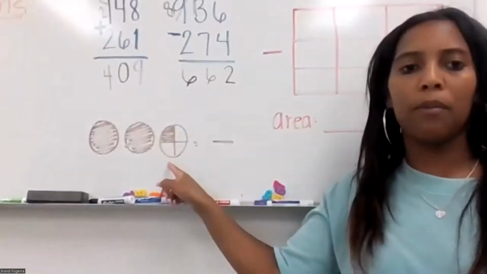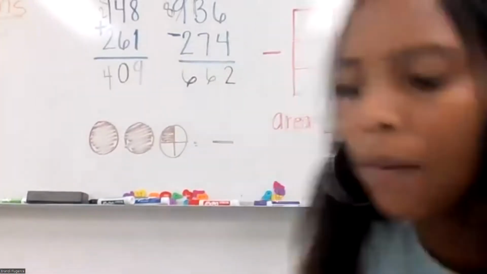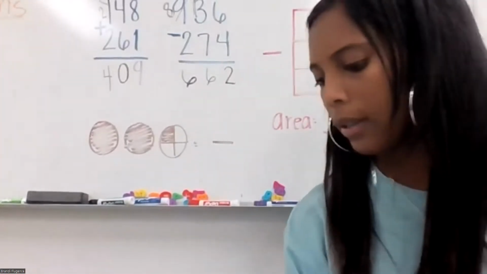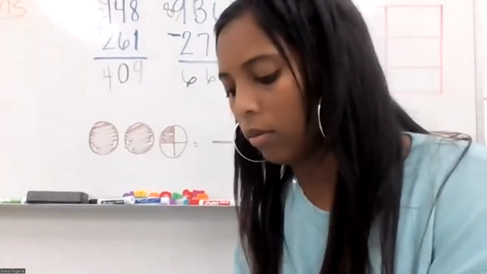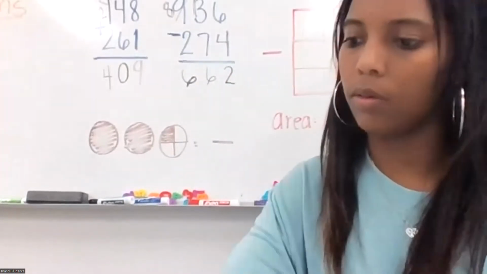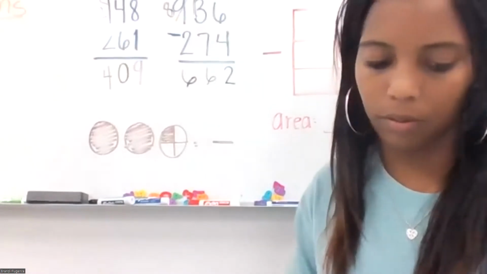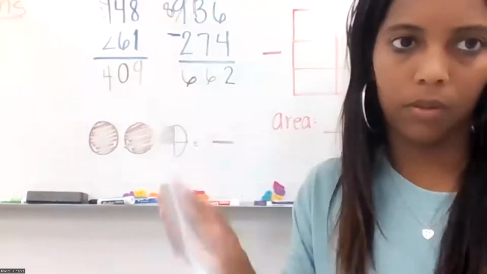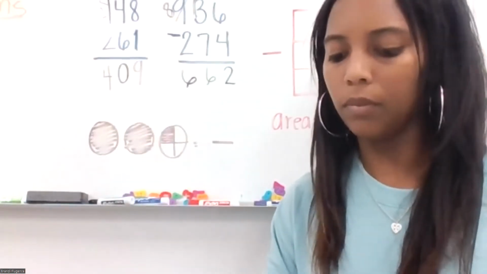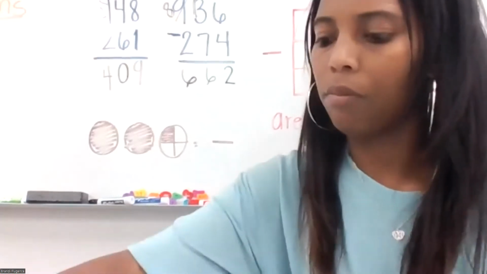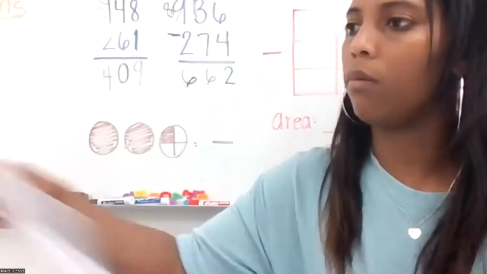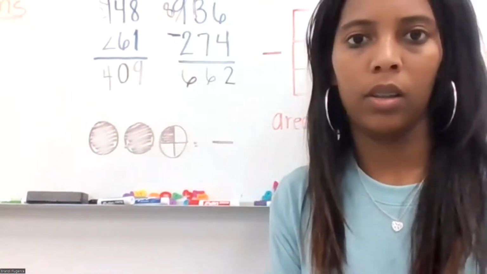All right. What will my fraction be for my shapes here? How many wholes do I have? And then what's my fractional part? Anybody?